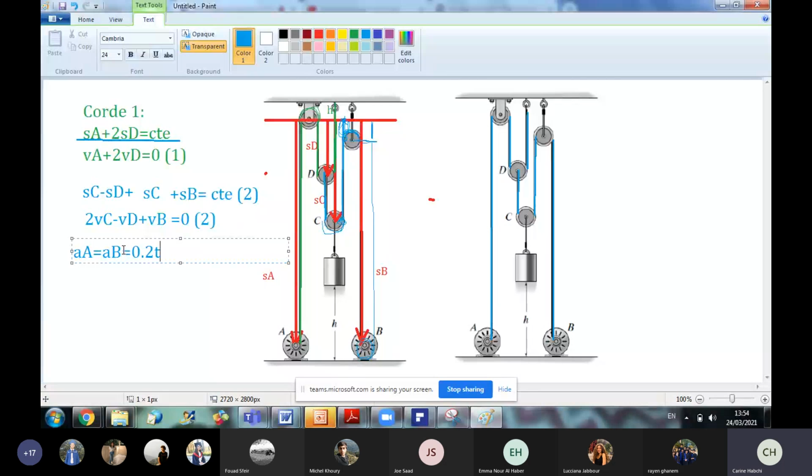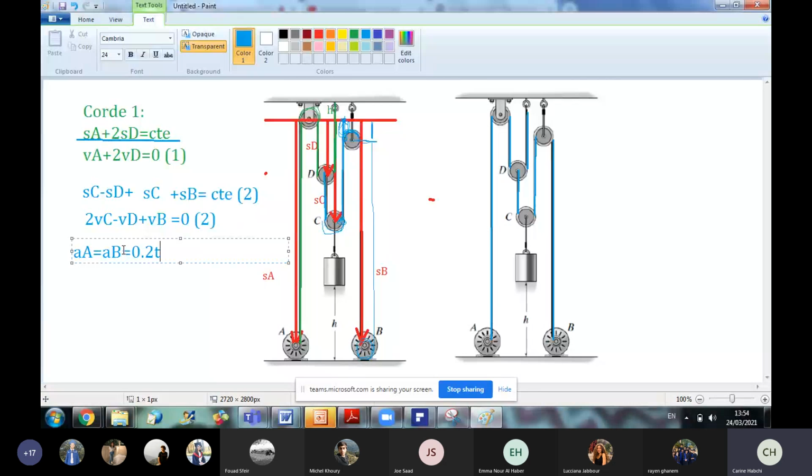Now, once we have found that VA and VB are equal and we express them as function of time, we can say that the number of unknowns is reduced. Because now if you replace VA and VB in your equations as function of time, then the unknowns that are still left are VD and VC.